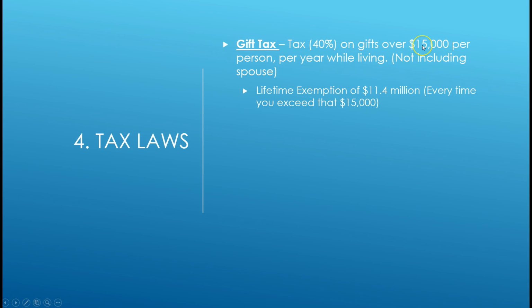So let's say that you went over about $1 million. So you gave $1,015,000 one year. Then your lifetime exemption will drop down to 10.4 million, because you only have 11.4 million of an exemption your whole life, right?